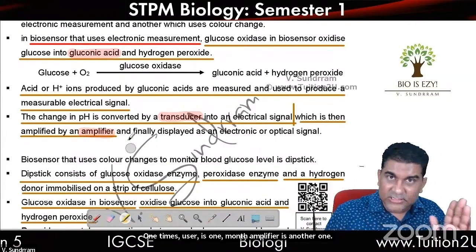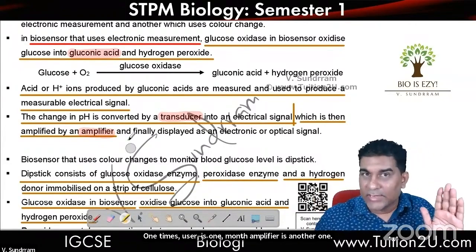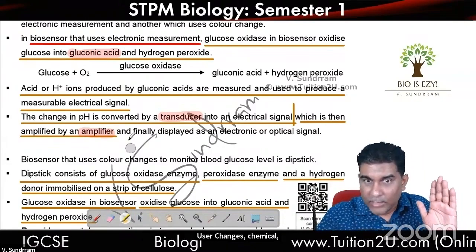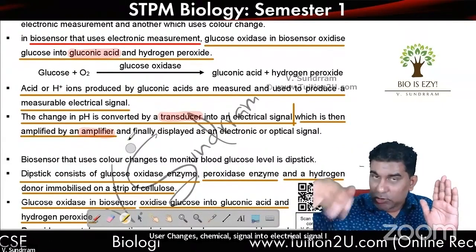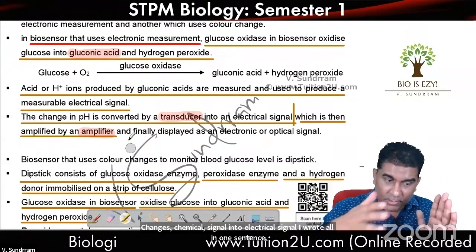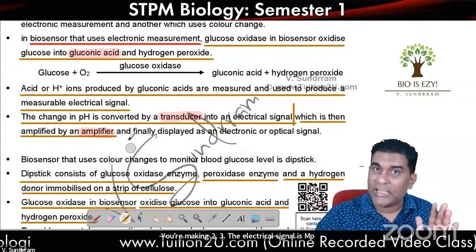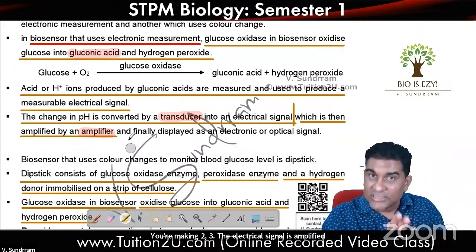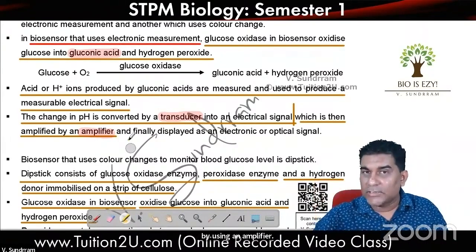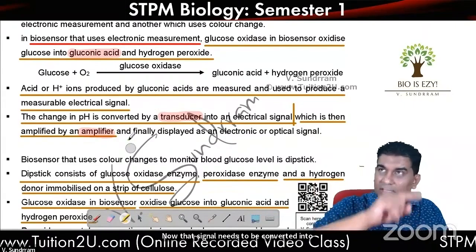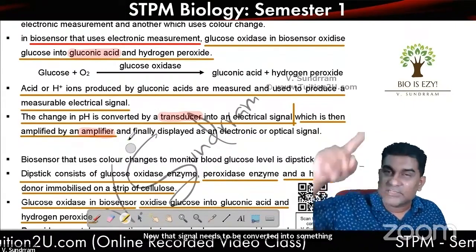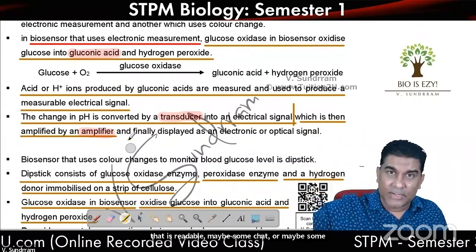Transducer changes chemical signal into electrical signal. I wrote all in one sentence. You make it into 3. The electrical signal is amplified by using an amplifier. Now that signal needs to be converted into something that is readable. Maybe some chart, or some wave, or some numbers.